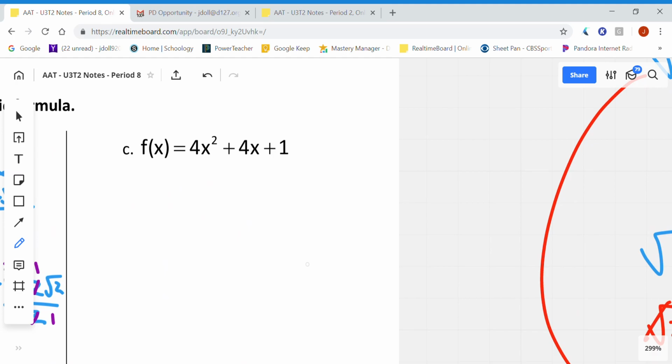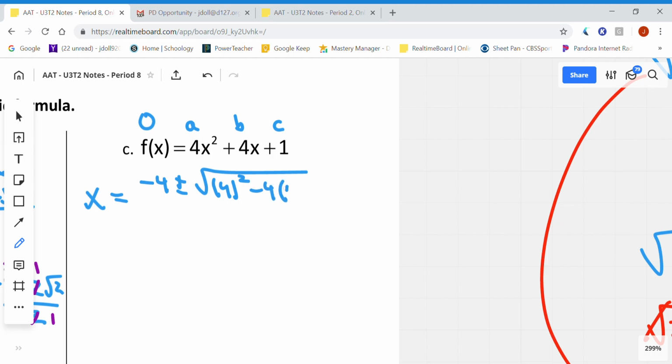So let's take a look at the last one here. The last one here, A, B, and C. All right, so we're going to end up with x equals negative 4 plus or minus the square root of 4 squared minus 4 times 1 all over 2 times 4. So if we look inside our radical here, 4 squared is 16, 4 times 4 is 16 times 1, this all becomes 0.